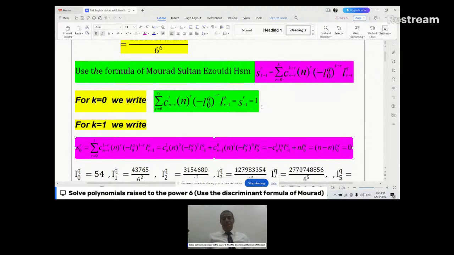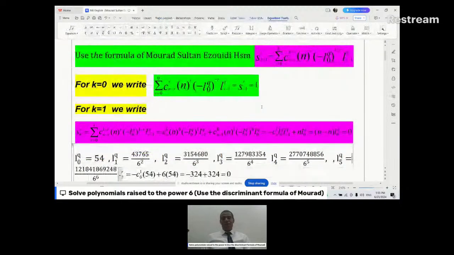After finding the x roots of the new polynomial, you will just add the L0 of Q and divide all by n. N is equal to 6, which means you are going to divide them by 6 to get the roots of the original polynomial. Therefore, we continue, learners.